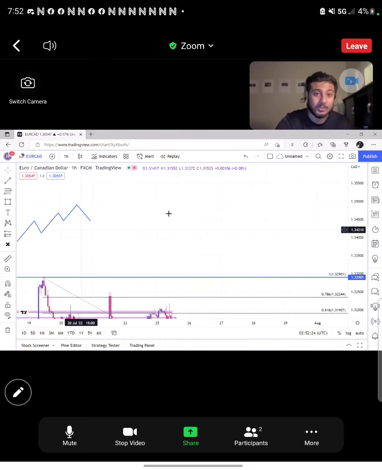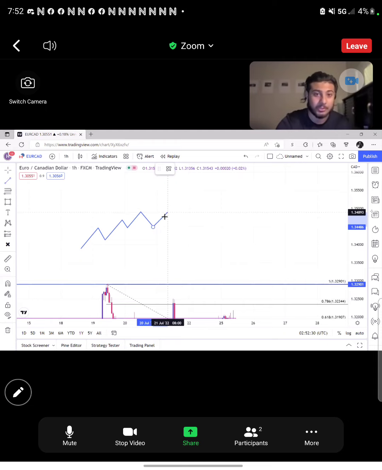But if it doesn't do that, say if it breaks down here, say if market closed down here, what's gonna happen is market's not gonna start selling off as so. And market might pull up and then it'll sell off again.